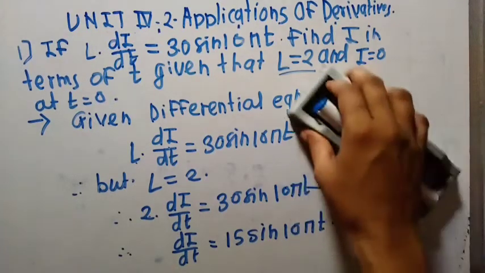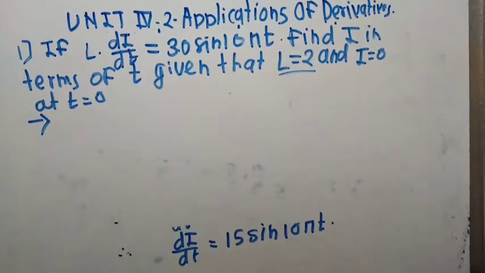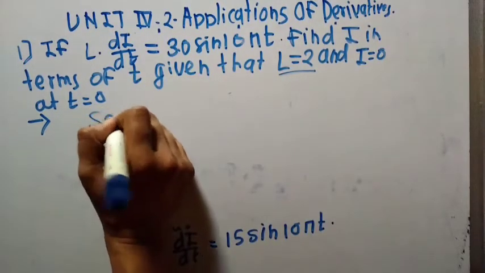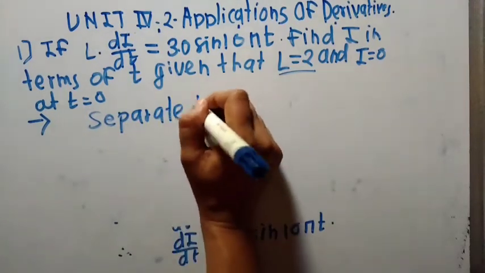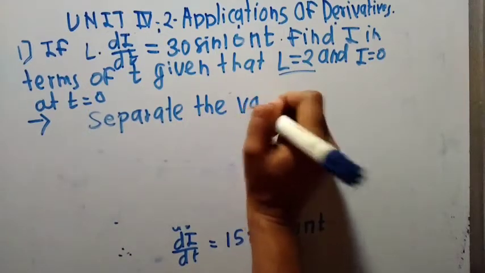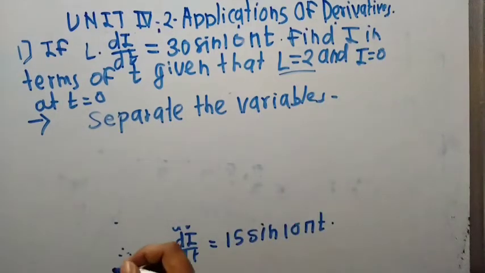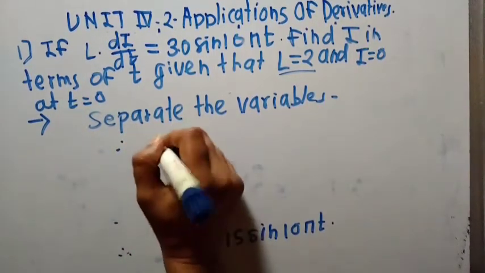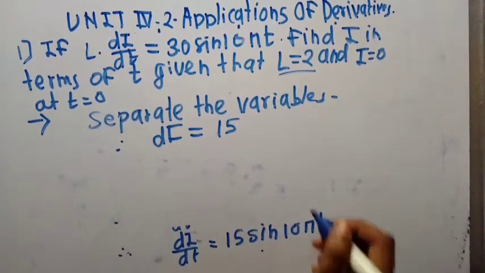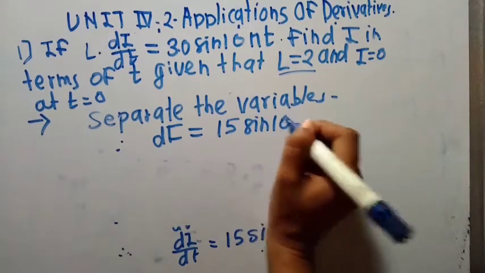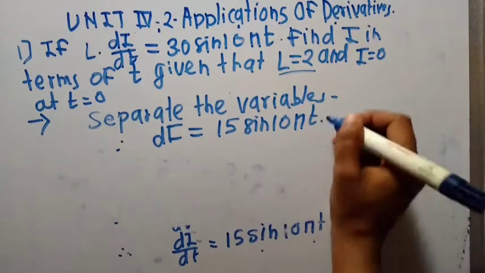Then separate the variables. We get di is equal to 15 sine 10 pi t into dt.